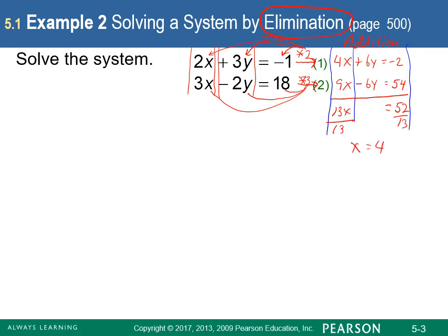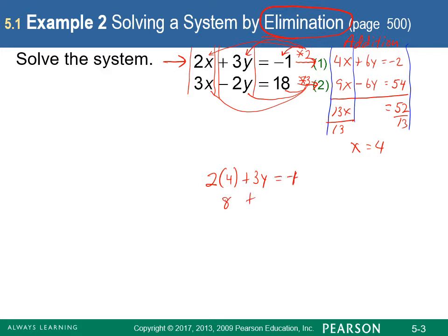And just like with the previous problem, once we get this, we need to substitute in any of these equations a 4 for x and figure out what y is. I'll just take the very first one. That's 2 times 4 plus 3y equals negative 1.